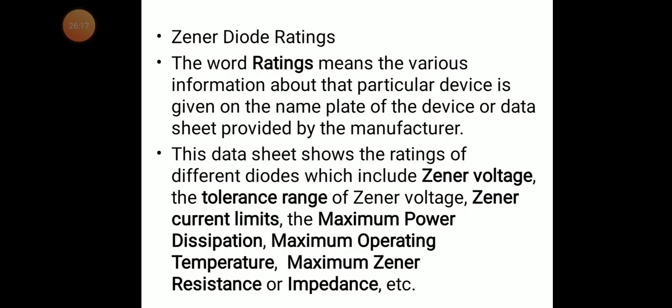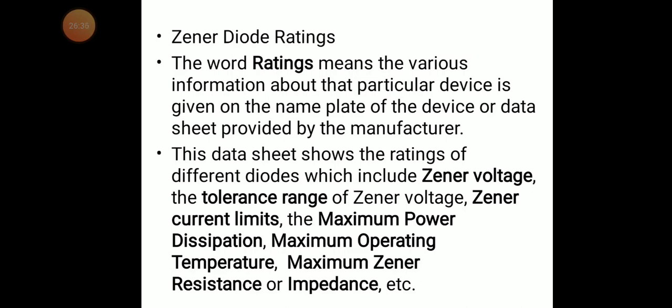Those values are given on a data sheet or on the nameplate. That is called the device ratings.